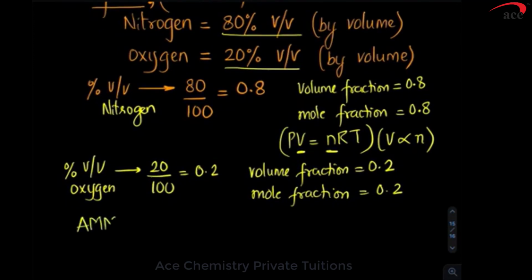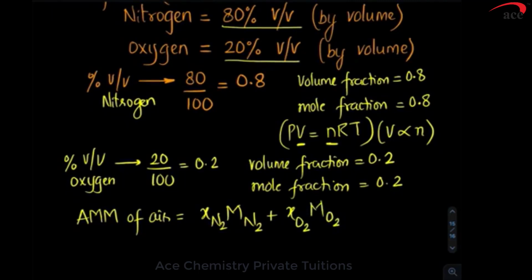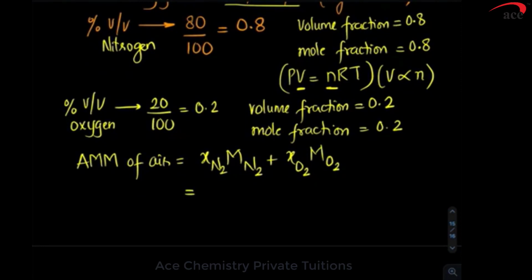Then the average molecular mass of air can be taken as mole fraction of nitrogen multiplied by molar mass of nitrogen plus mole fraction of oxygen multiplied by molar mass of oxygen.